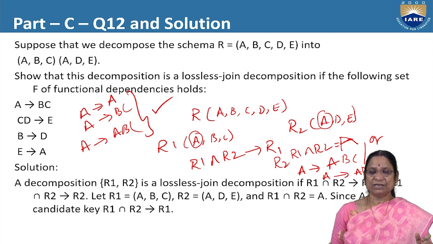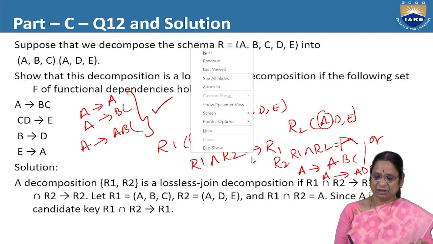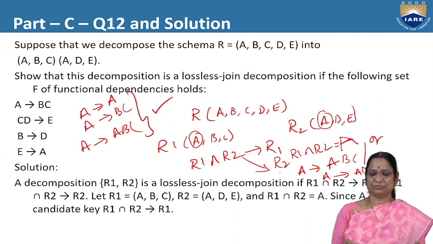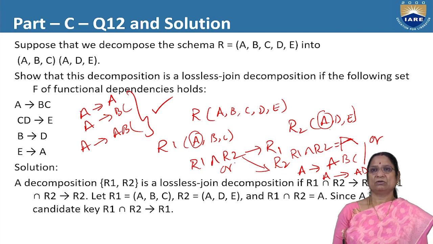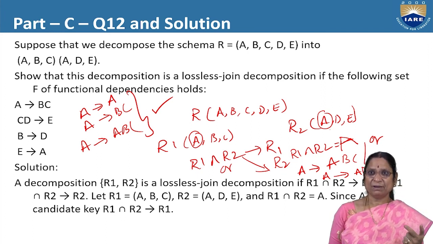So what is the lossless join decomposition definition? R1 intersection R2 must determine R1, or R1 intersection R2 must determine R2. If either of them is satisfied, then the decomposition is lossless. Coming back to our case, that means A should determine R1 or A should determine R2.